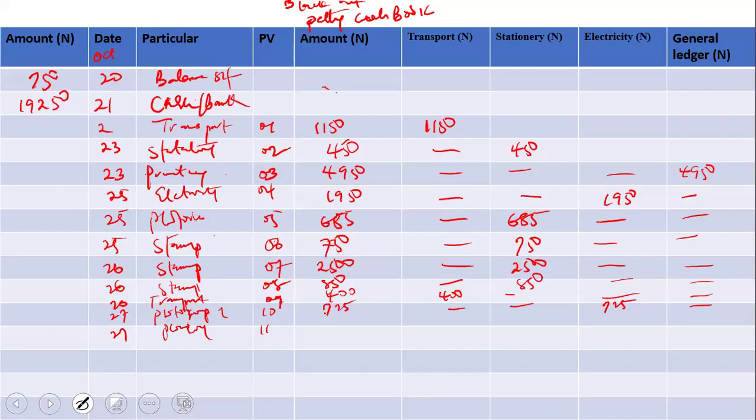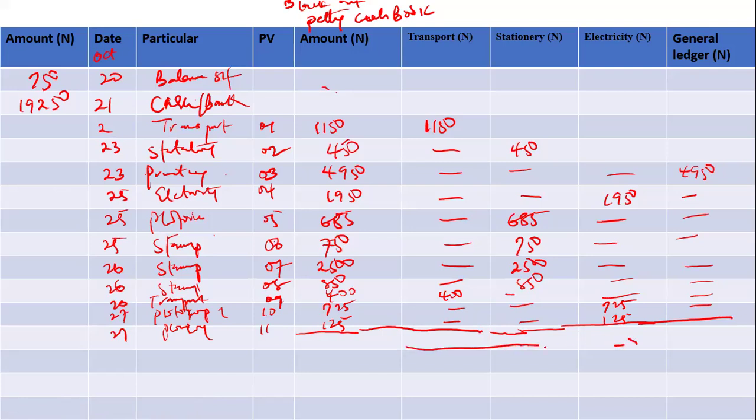And how much is it? 125. Now, once you're done with this, you're going to close this point, and let's close all of them. Now, I'm going to close this side. So that's what we're going to do.